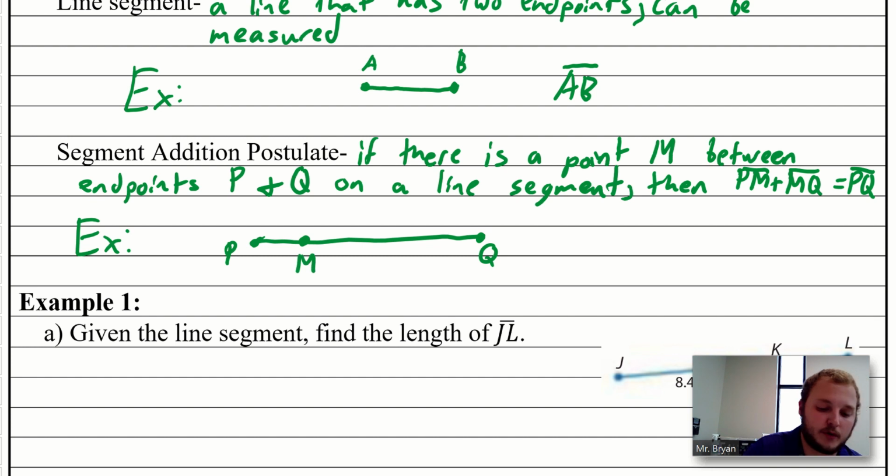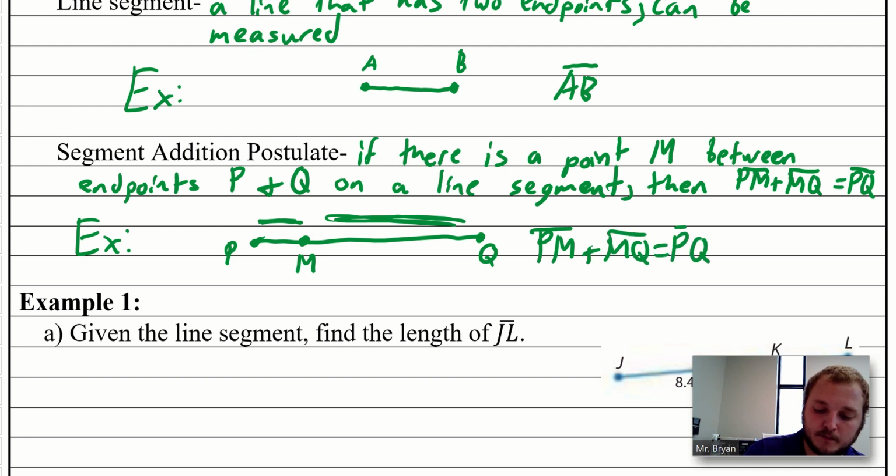And I put point M here. And so what I would say if I were to measure these line segments, PM and MQ, if I took those two segments and added them together, I should get the whole thing, right? The part plus the part is going to equal the whole thing. And so that's where this comes from. PM plus MQ equals PQ.